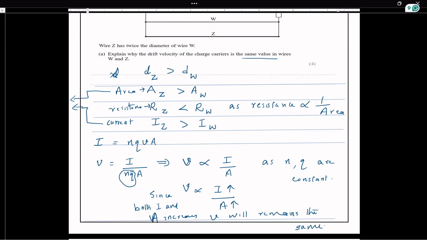So we reach till here. In this equation, since both I and A increase, V remains the same. Both I and A are increasing in the same way. So from here we can write that V remains the same.